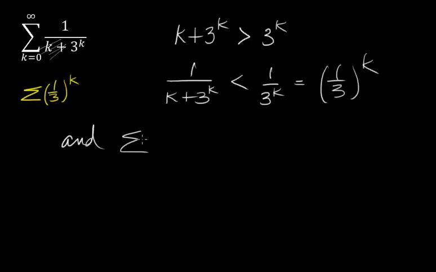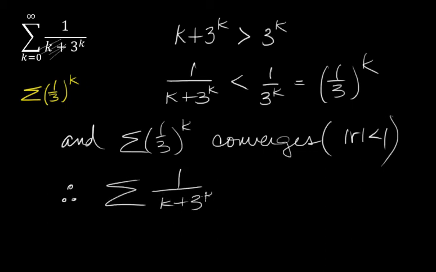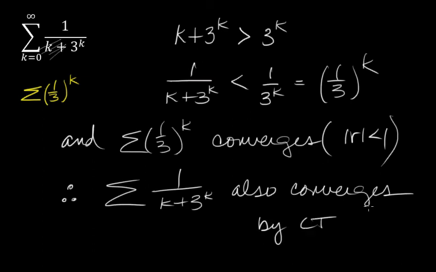And sigma (1/3) to the k converges, and we could say absolute value of r less than 1. And then I know you're comparing it to the geometric. Therefore, the given series, sigma 1 over k plus 3 to the k, also converges by the comparison test.